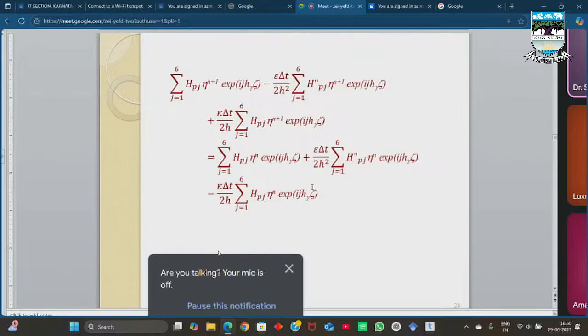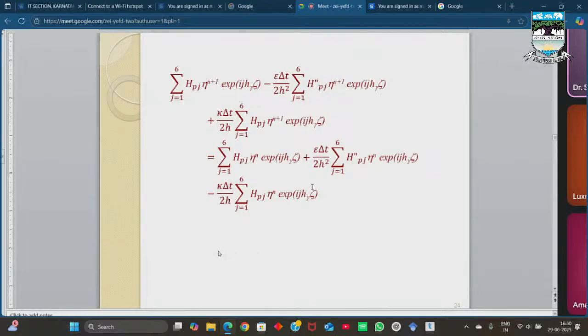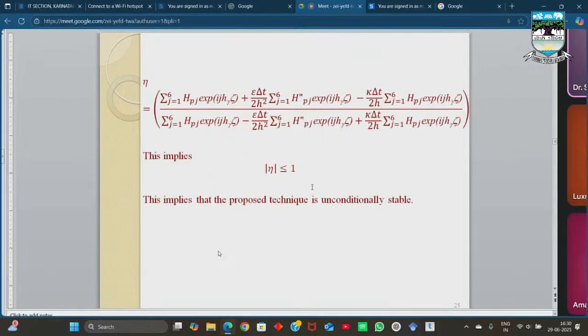Now the n+1th iterations are on the left hand side and the nth iterations are on the right hand side. On simplifying, we get this form of η. Now, if the modulus of η is less than or equal to 1, then the proposed scheme is unconditionally stable. And in this case, the modulus of η is less than or equal to 1. Therefore, this technique is unconditionally stable.